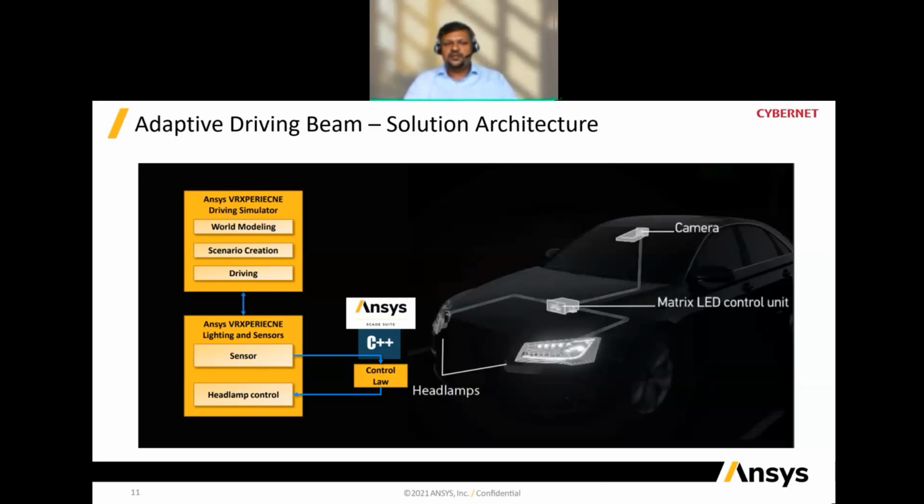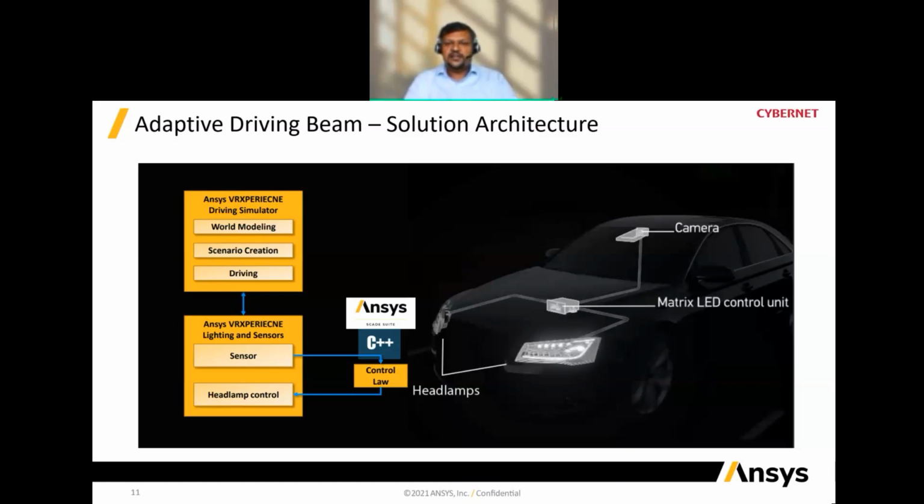So there are tools for us to support creating scenarios or creating a complete test track, and tools are available to create a control law, and basically to recognize the vehicle in the surroundings, like traffic. I could be following a vehicle, or there could be a vehicle coming in front of me.